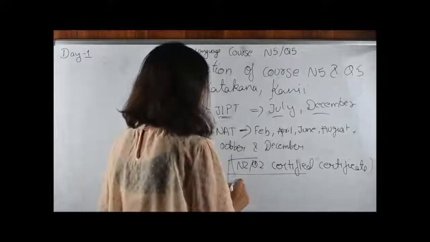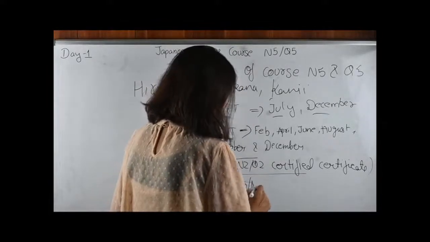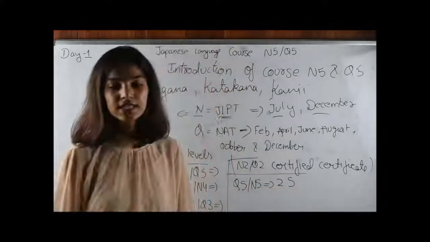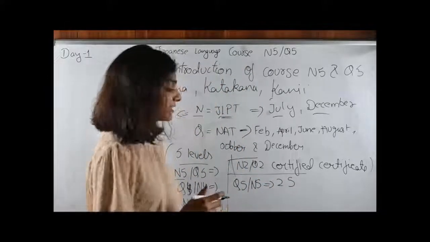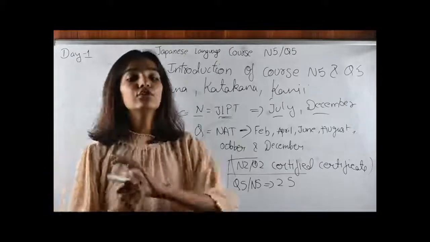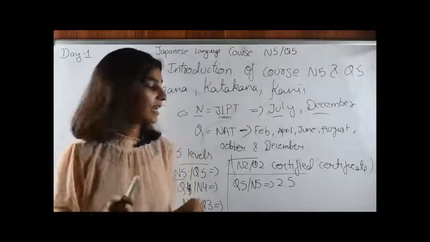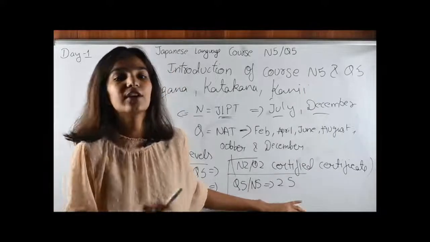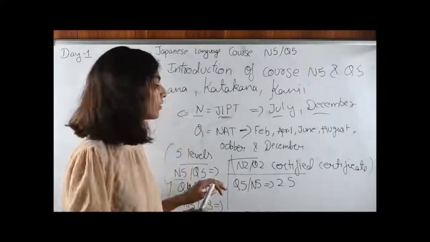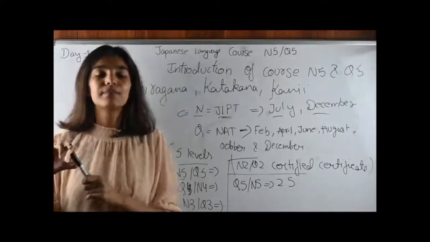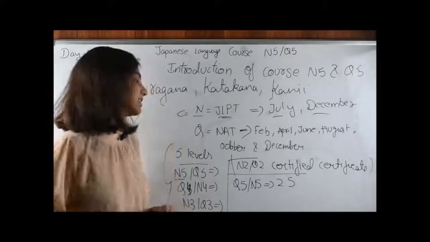In Q5 or in level 5, there are basically 25 grammar lessons and some kanjis. You have to study 25 chapters to clear your level 5 or to clear N5, with listening practice, paragraph practice, and kanji.